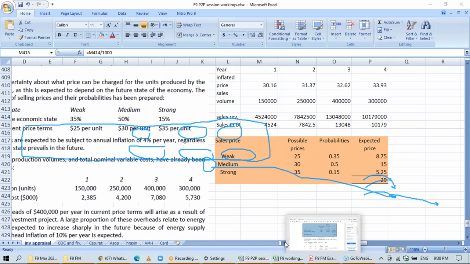They've already given you the variable cost in the question, so we won't have to calculate variable cost, but we have to calculate the factory overheads, which are also rising. We have to inflate the factory overheads as well.